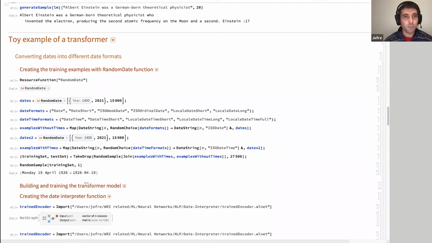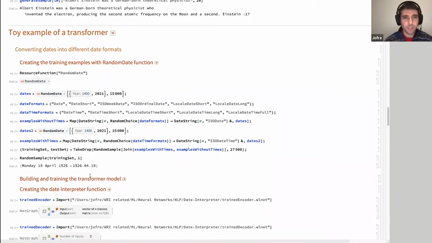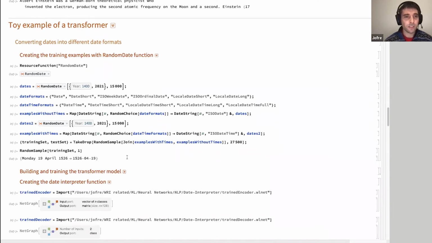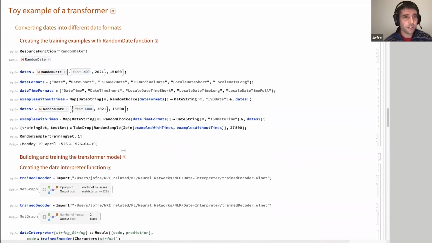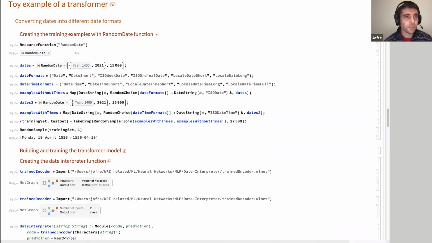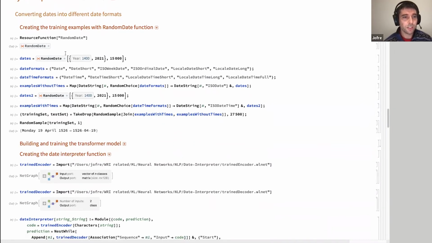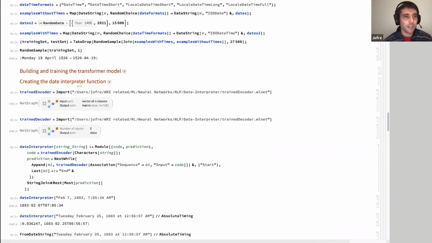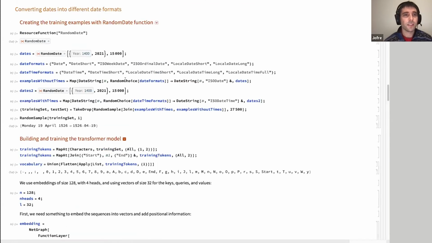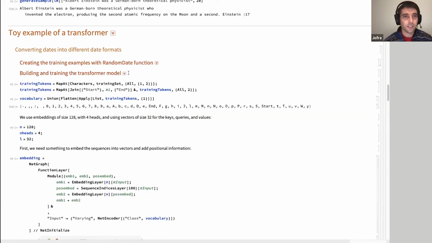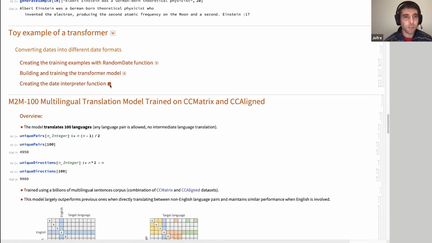I will not go into the details, but here I trained a transformer and created a training set using this resource function RandomDate, as well as the tokenization steps. And I think you could use it as well for applying to your own problems.